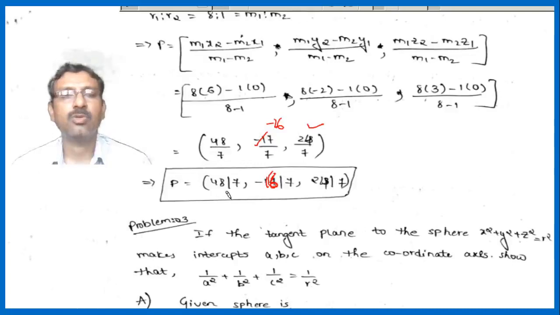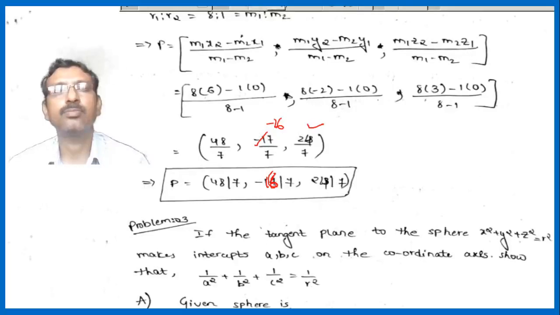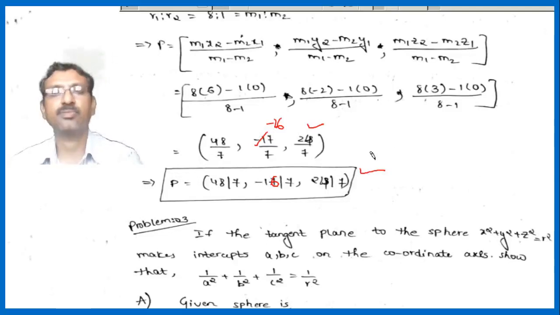So the point is 48 by 7, minus 16 by 7, 24 by 7. This is the point of contact of the given two spheres. Okay.